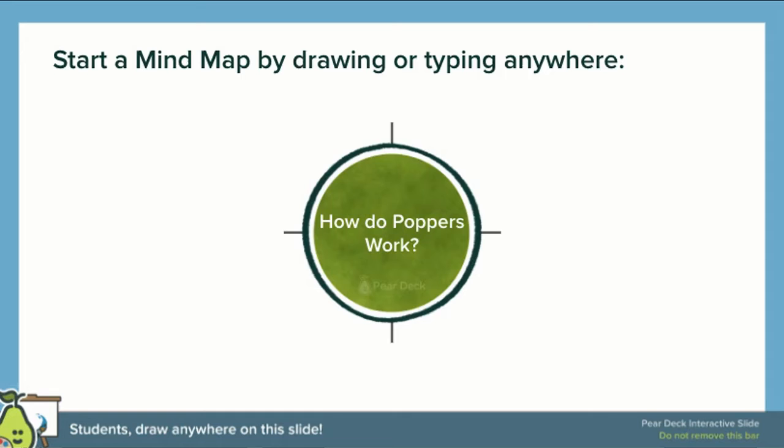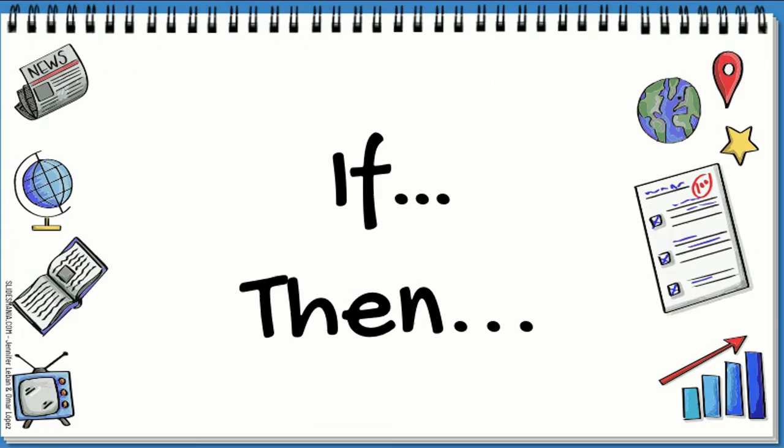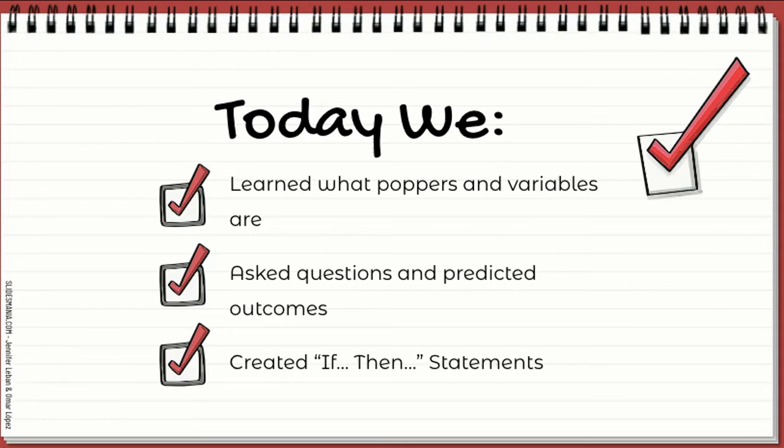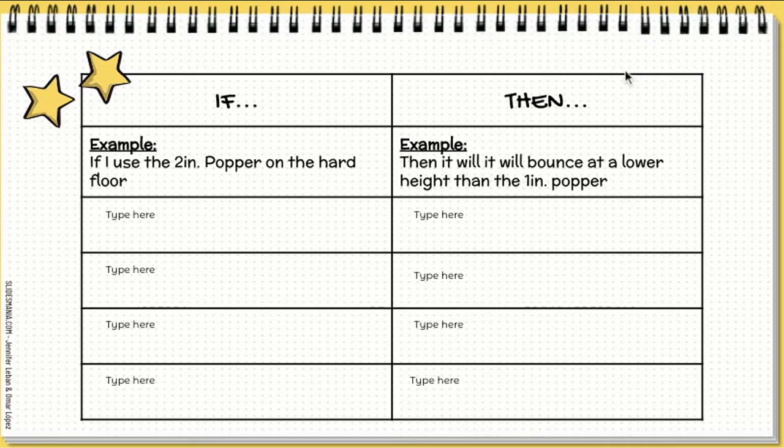We looked at these different questions. How would the popper change if the size changed or the place we popped it on changed? We created if-then statements. For example, if I use the 2-inch popper on the hard floor, then it will bounce at a lower height than the 1-inch popper. And we did all of those things.